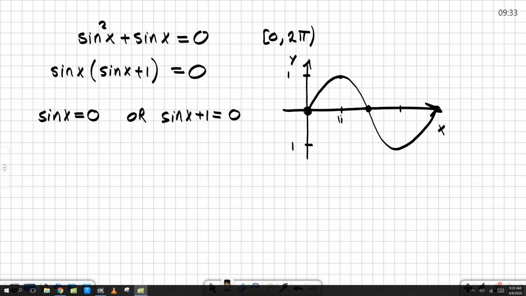Zero, pi over 2, pi, 3 pi over 2, and 2 pi. So we have the graph of sine of x between 0 and 2 pi.